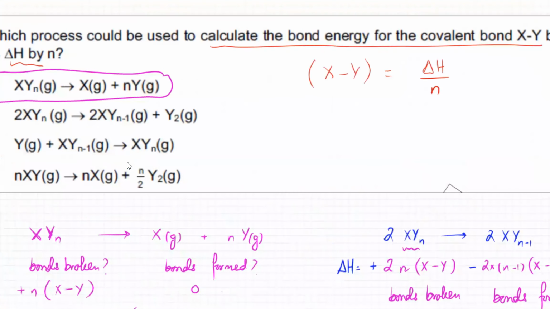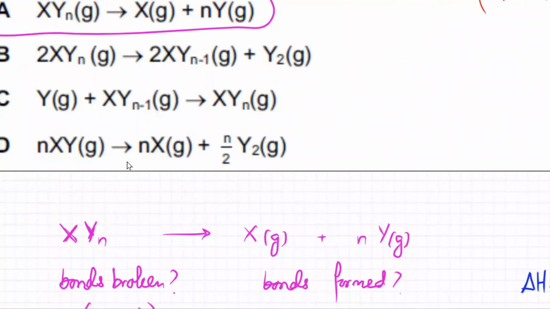The same we can try with this one: how many bonds are broken? This is an atom, so you're not breaking any bonds. So N minus 1 bonds between X and Y are broken, and that would be endothermic.